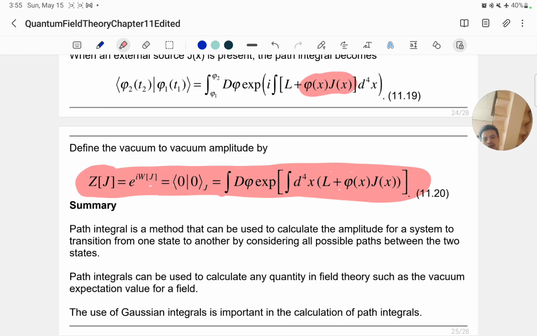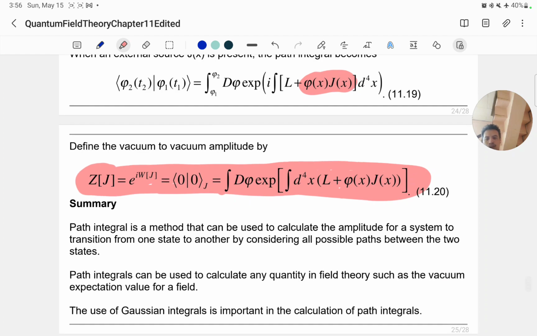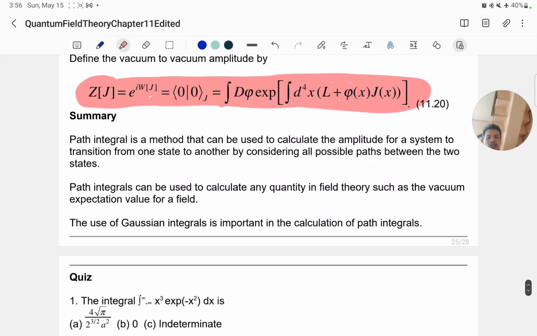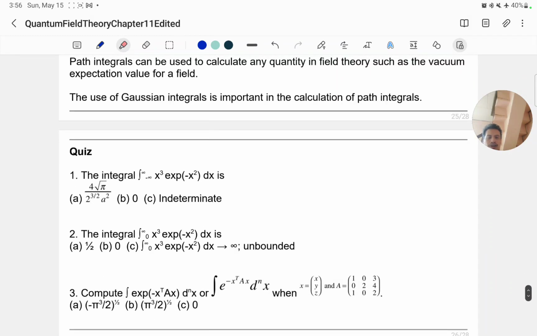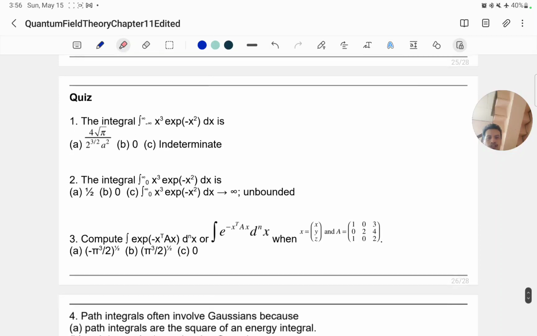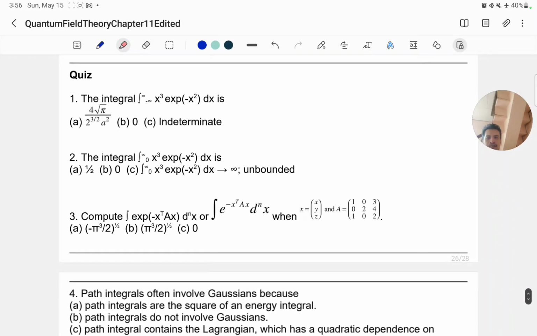Path integrals can be used to calculate any quantity in field theory, such as the vacuum expectation value for a field. The use of Gaussian integrals is important in the calculation of path integrals. So you have to remember all those Gaussian integrals that we have discussed earlier.